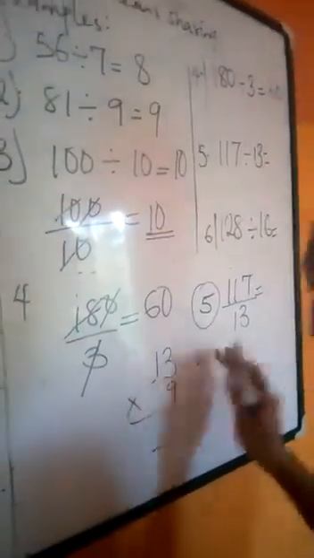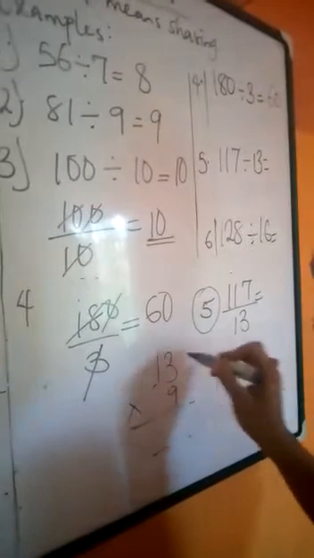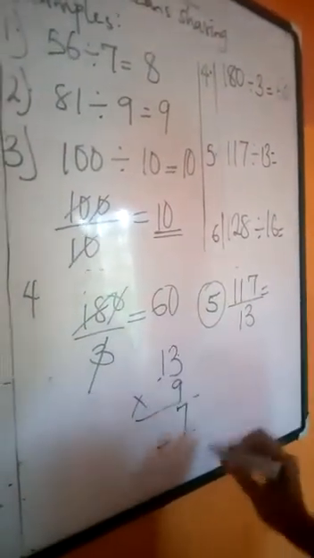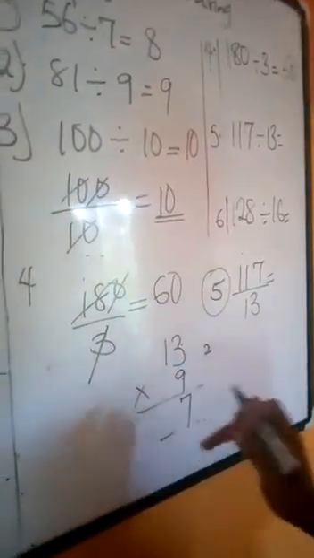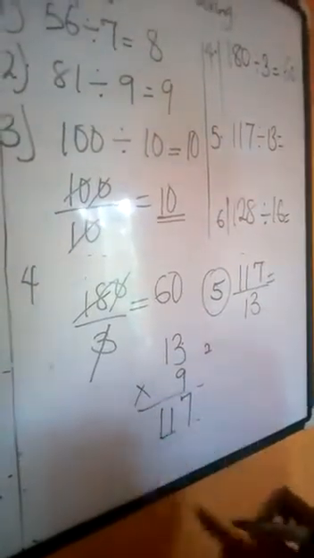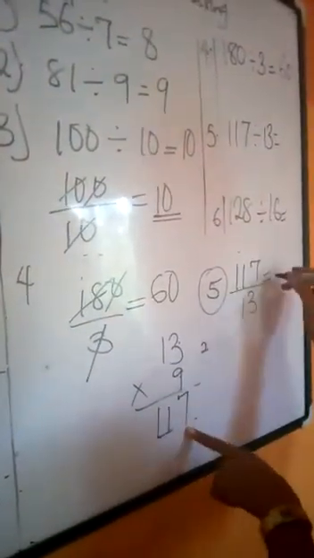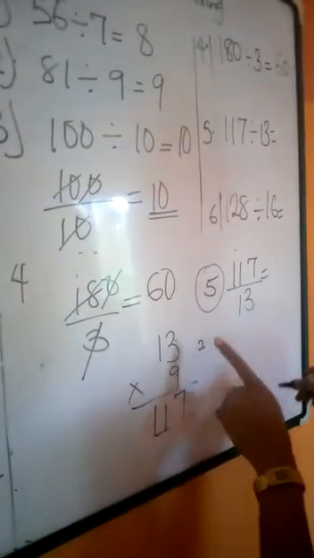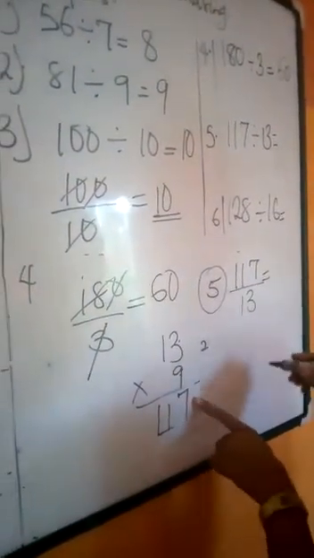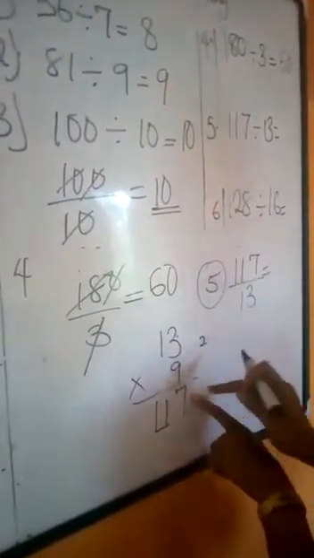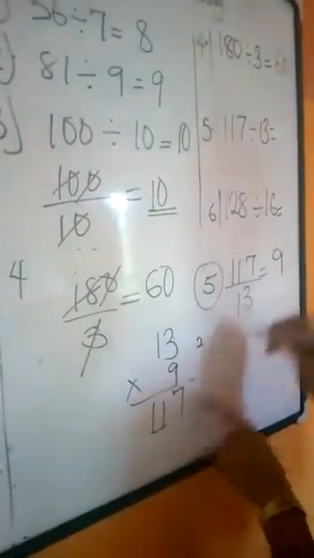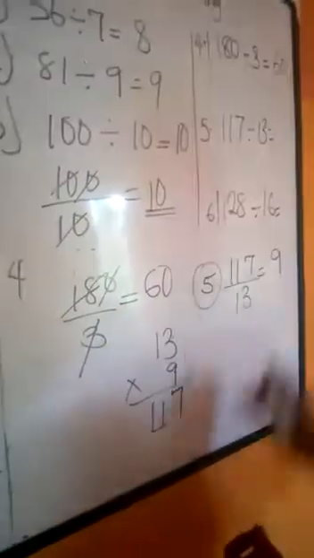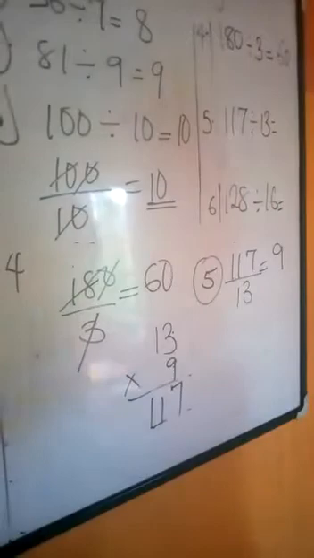Okay, I will try 9 now. 9 times 3 is 27. Write 7, carry 2. 9 times 1 is 9 plus 2, 11. You see now, I've gotten this answer. So that means that 117 divided by 13 is what? 9. Because 9 times 13 is 117.